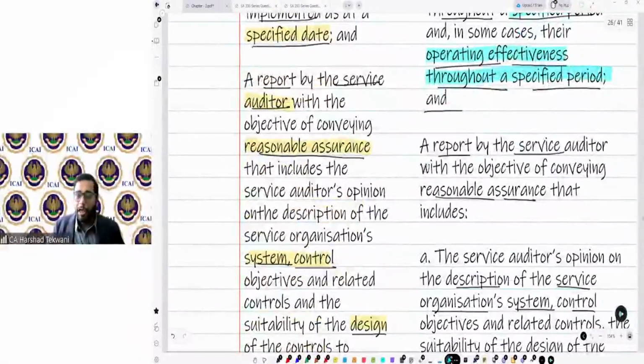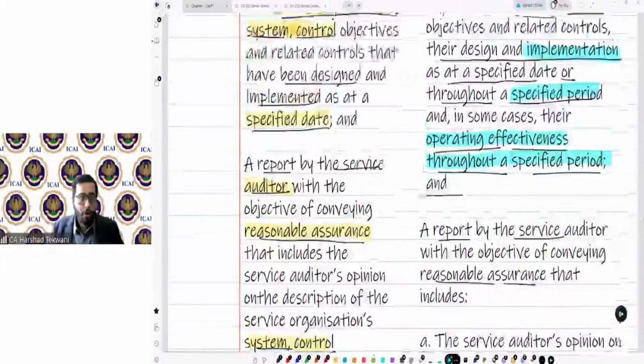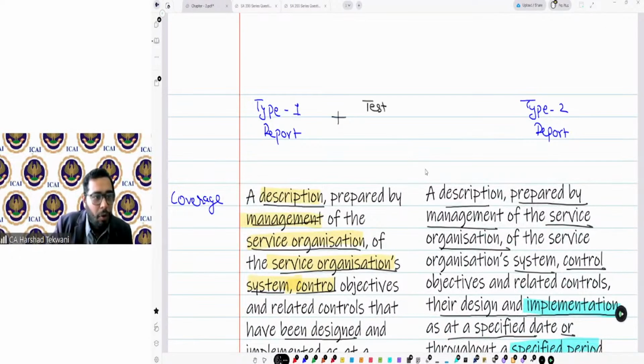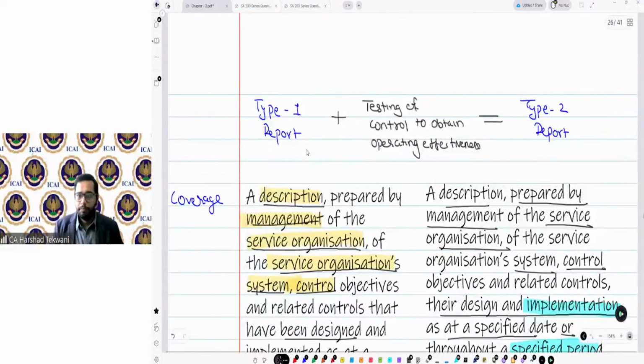On another side, I'm talking about operating effectiveness. So if you add testing of controls to obtain operating effectiveness in type 1, you will get type 2 report.